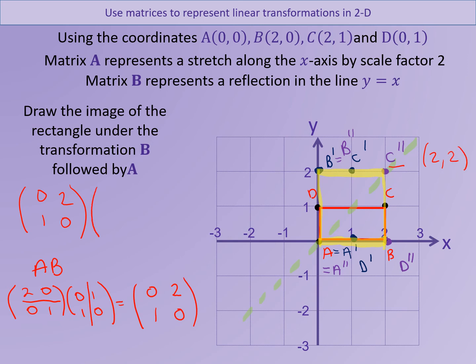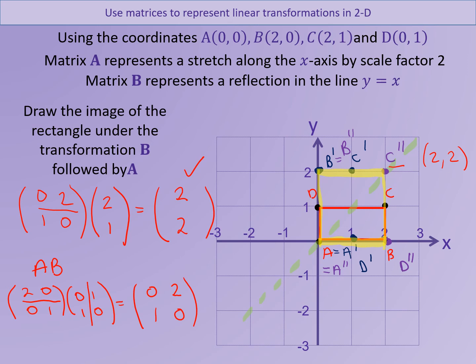And C had coordinates of (2, 1). Multiply these together. So we have 0 times 2, 2 times 1, that is 2. 1 times 2, 0 times 1, that is 2. That works. And we can check any of these. So we could check A, B, C or D, and they would all work with this.